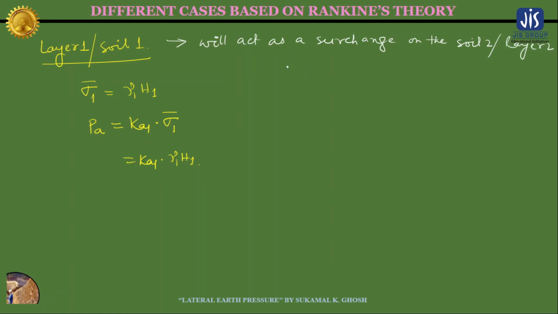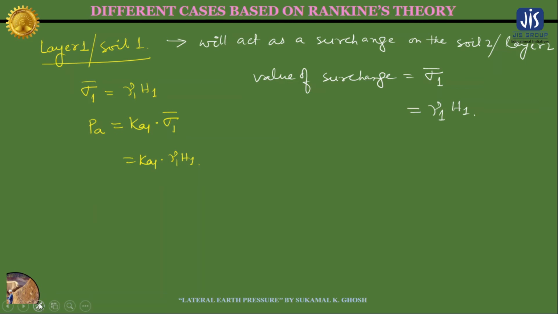And the value of the surcharge will be sigma 1 bar. It means the value of the surcharge will be gamma 1 into H1.